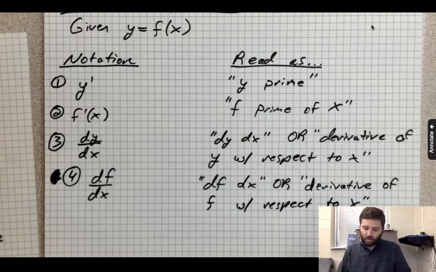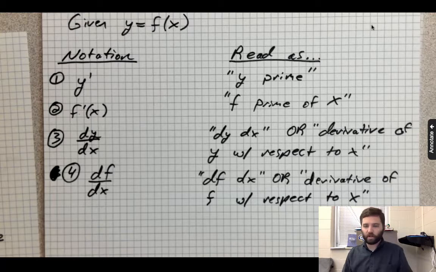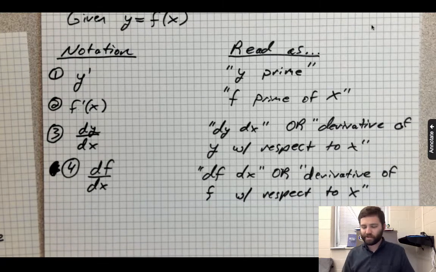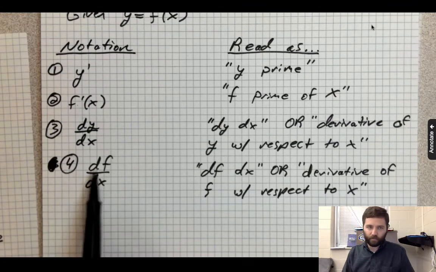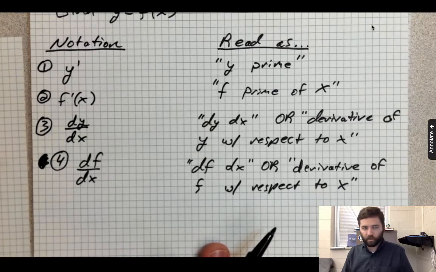This one is similar to the last one, although a little bit less useful, I think, and doesn't come up as frequently as dy dx or f prime, or y prime for that matter. So this is probably the least common one that we'll use in class.